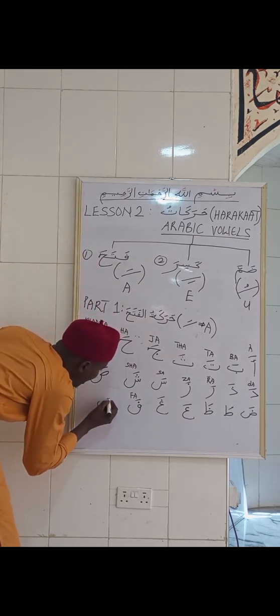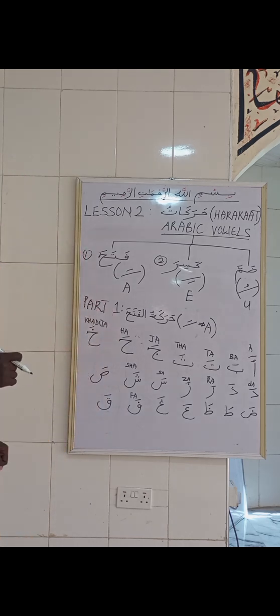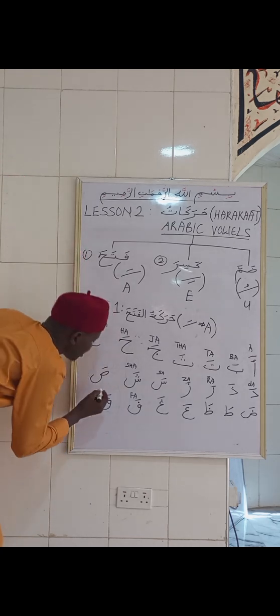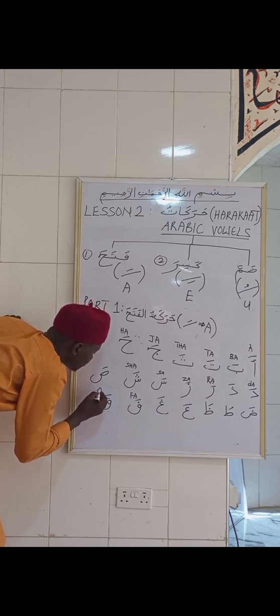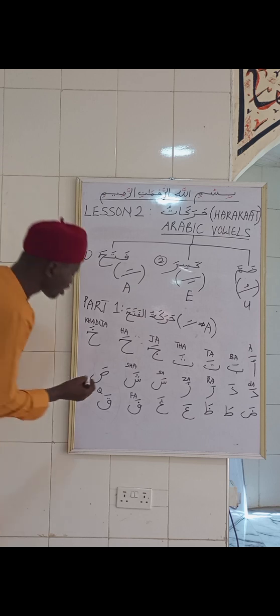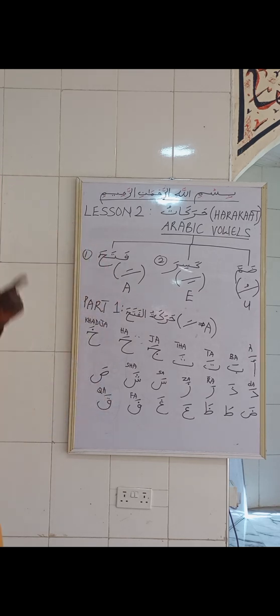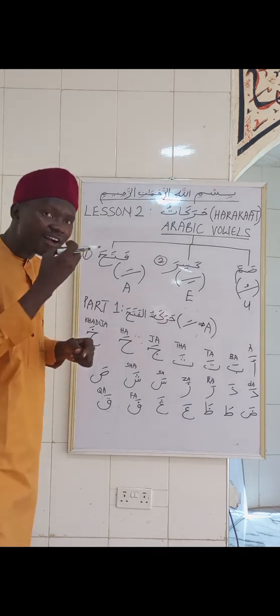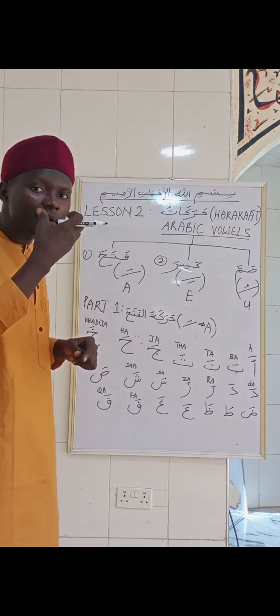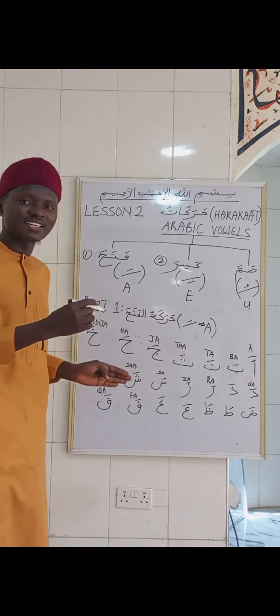Qaf fatha, qa. This one I say Q. Qaf can be represented like Q, but if you say QA, it is not qa. That's why I say at times, because of the Arabic letters, there is the way you're going to shape your mouth, especially for the heavy letters.